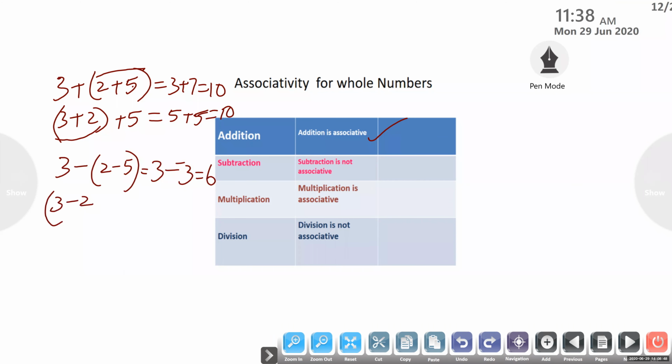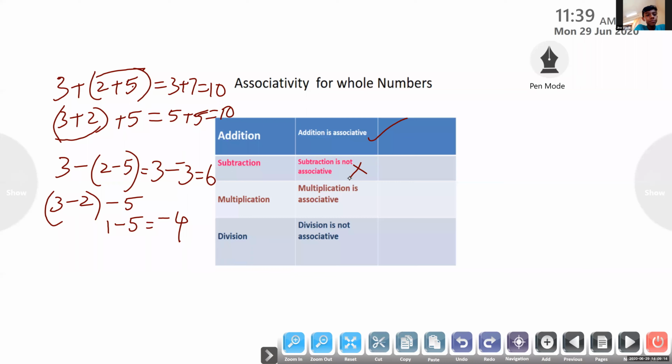Bracket 3 minus 2, minus 5. 3 minus 2 is 1. 1 minus 5 is negative 4. Are they equal? No, ma'am. So subtraction is not associative. Gino and Gopi Krishna, understood? Yes, ma'am.